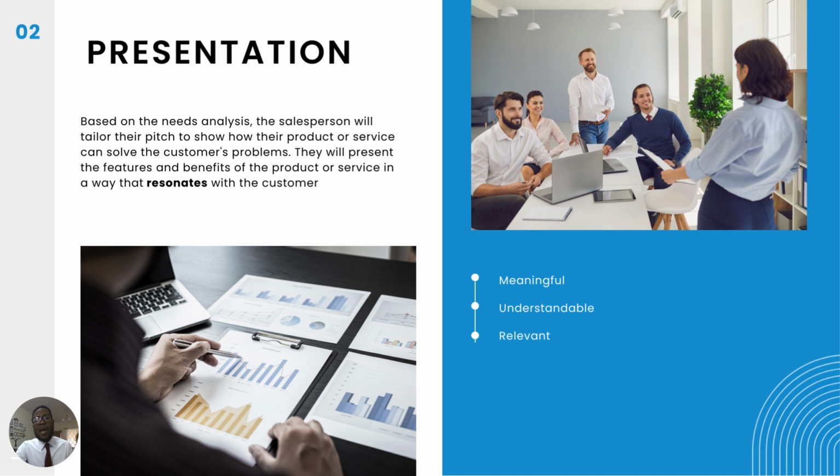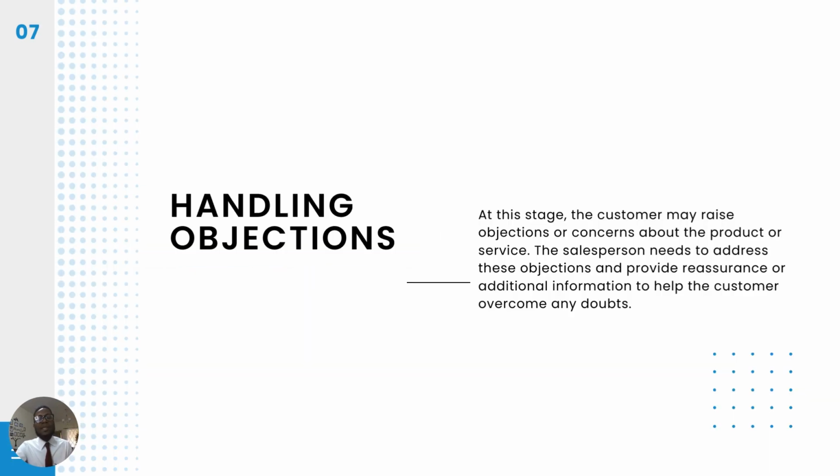Now, undoubtedly, what will happen when you present this information to your potential client or customer is that the client will have questions. And this allows us to move into the next stage of the sales process, which is handling objections.